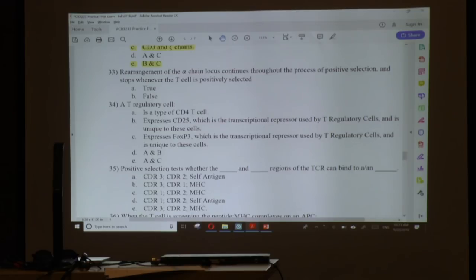So if you're a T cell and you're trying to scan and recognize something, but you're not able to recognize anything, you can still go back to your genes for the alpha chain and tweak them, try to make new rearrangements until you recognize something. Now, on some occasions, some T cells are not able to recognize anything, so they eventually die by apoptosis, but they still have a couple of chances to recombine and keep the somatic recombination going until they can recognize something. Okay? Yeah? Cool.